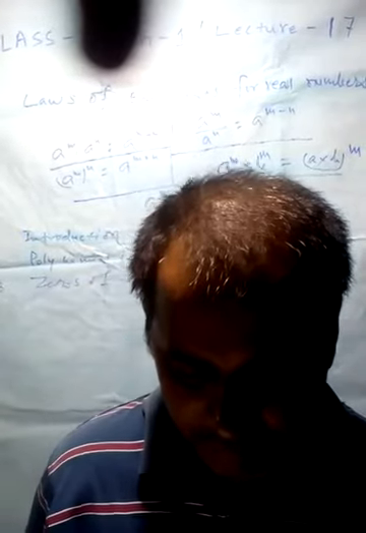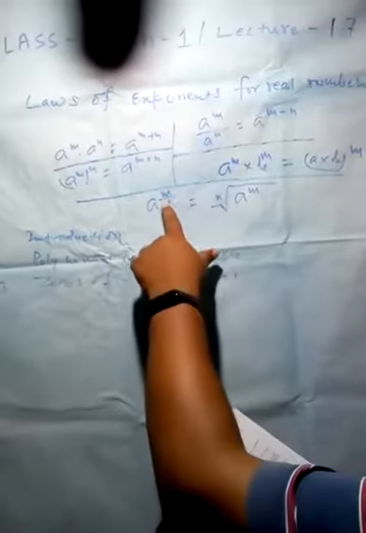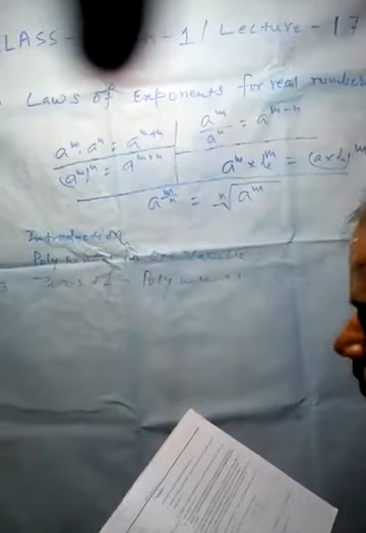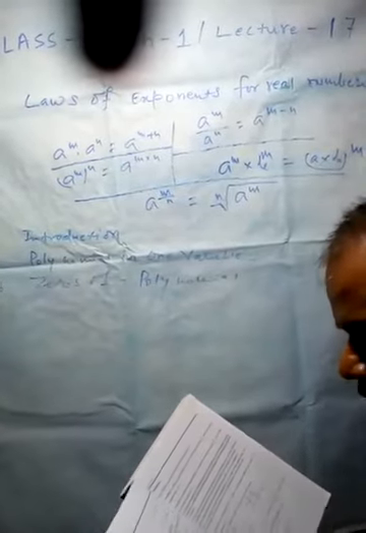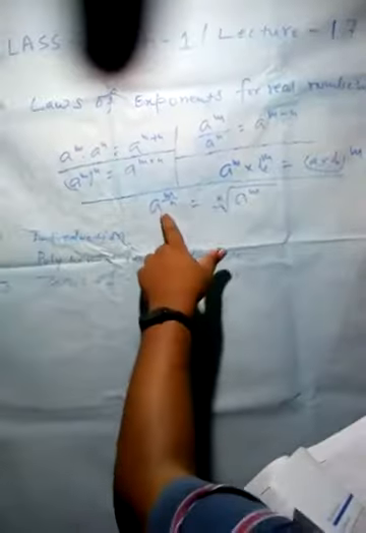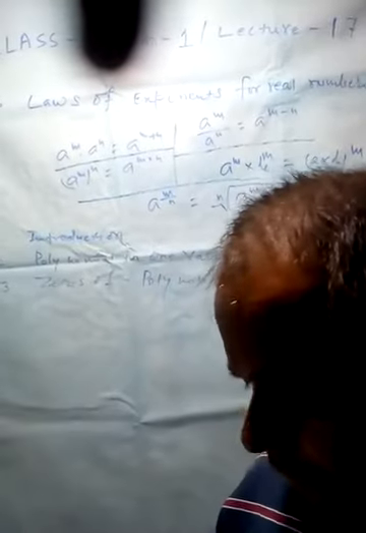Then a to the power m by n is equal to the nth root of a to the power m.